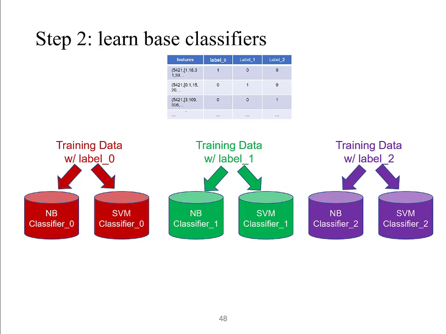But since we don't split the data into groups, we only generate classifiers 0, 1, and 2, corresponding to labels 0, 1, and 2. And this step we'll only do once. There's nothing to repeat. So that's all for step 2.